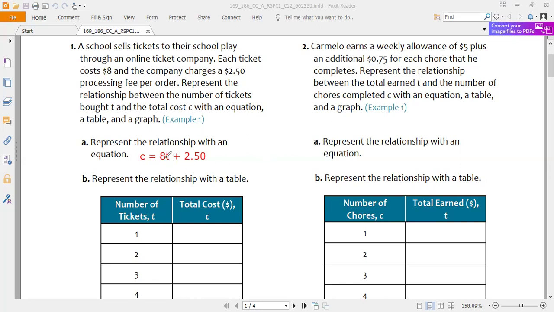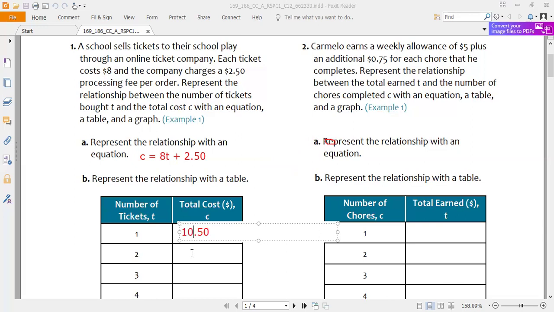So you put 8 times 1, which is multiplying, then plus the additional company fee, which is 2.50. 8 times 1 is 8 plus 2.5 will be 10.50. So if you have one ticket it will be 10.50.